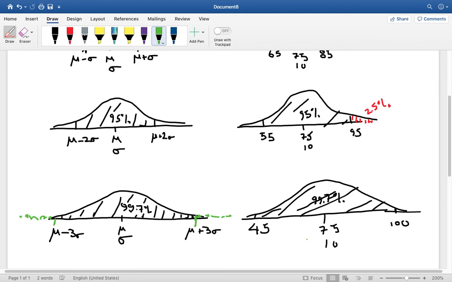It's anything beyond plus 3 standard deviations or less than minus 3 standard deviations away from the mean that is deemed to be an unusual, unexpected result, and we're going to call that an outlier. These green ones are outliers, unusual results, not expected. They're not the norm. Outliers do occur, they can occur, they often do occur, but they're unexpected results.